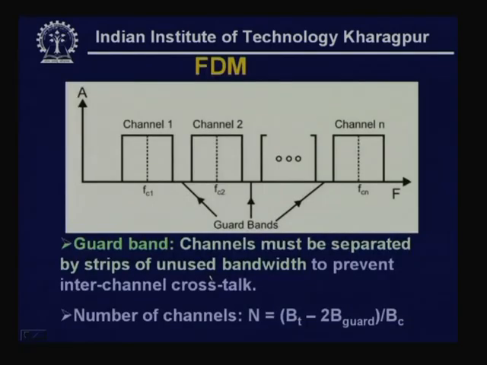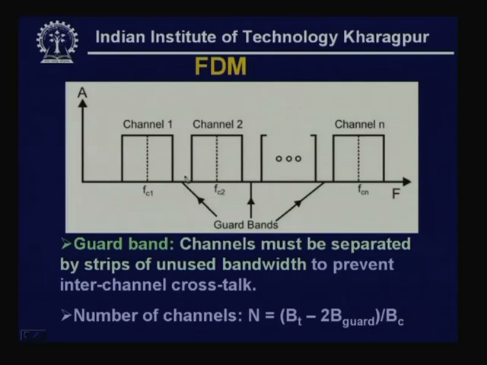Now, we already know that you have to use guard bands between the frequency bands of a pair of adjacent channels. So, channel 1 and channel 2 are adjacent channels, and their carrier frequencies are FC1 and FC2.